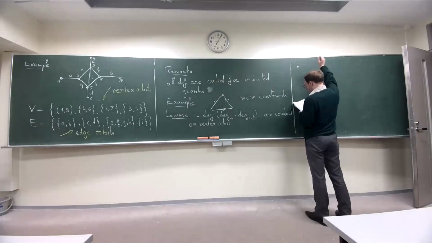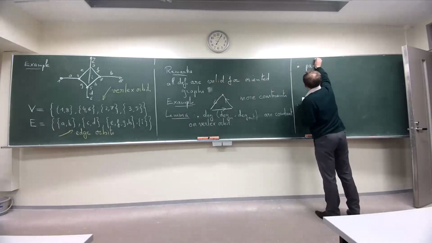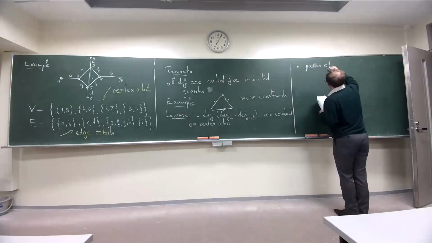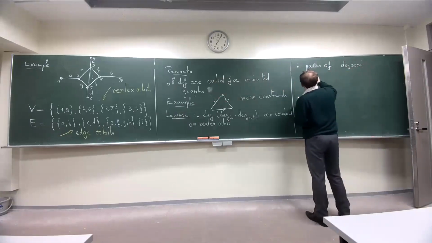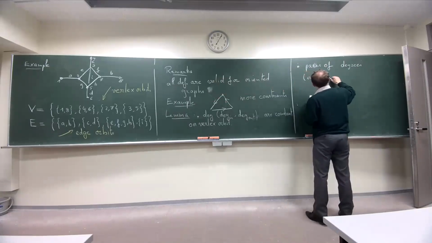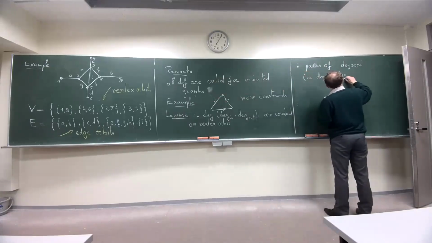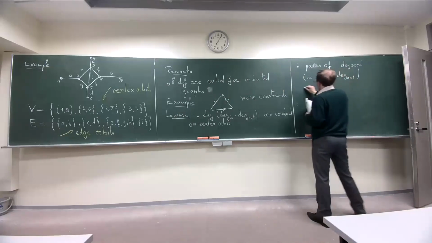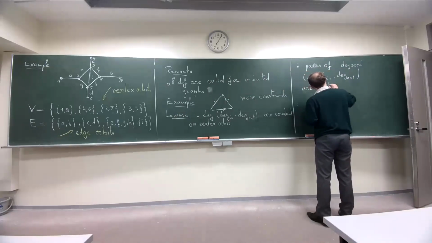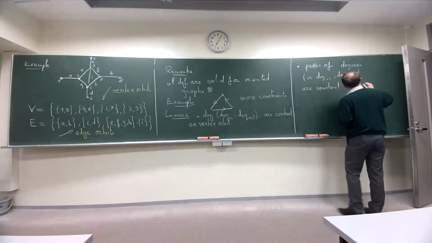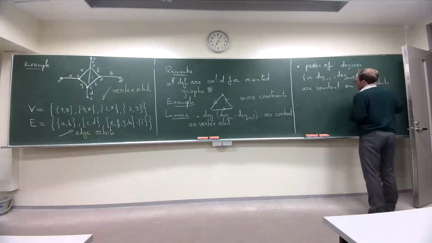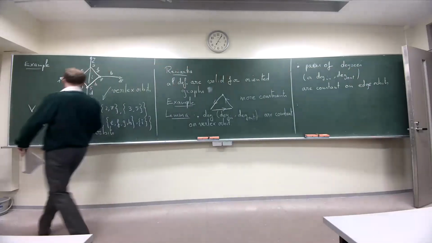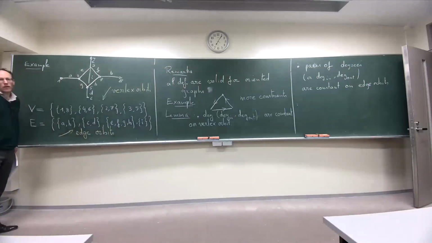The second one is that pairs of degrees, or big in, big out, are constant on edge orbits. I have to speak about pairs because each edge has two degrees, or 2 endpoints.